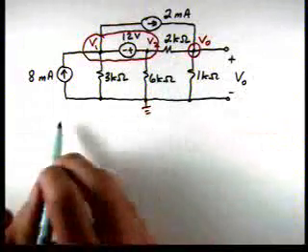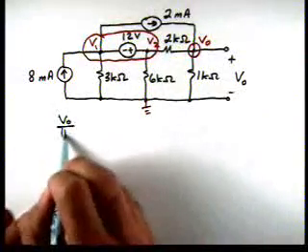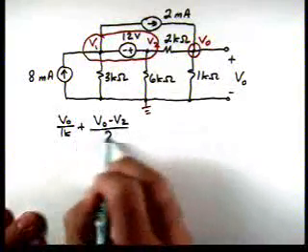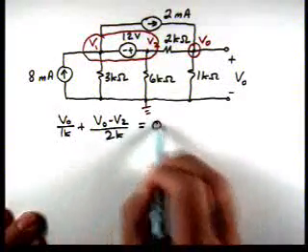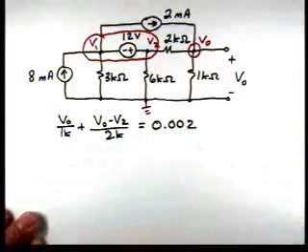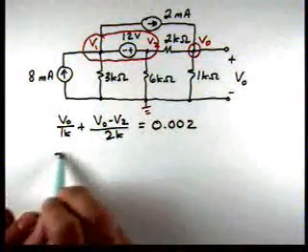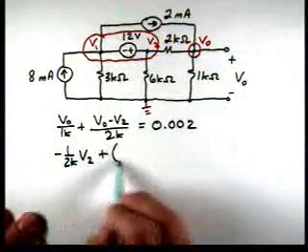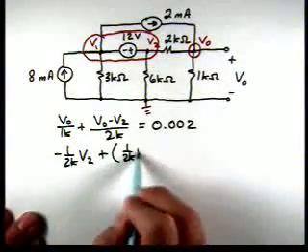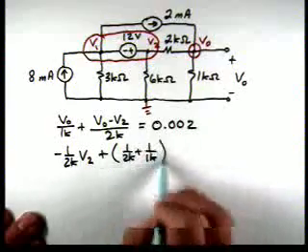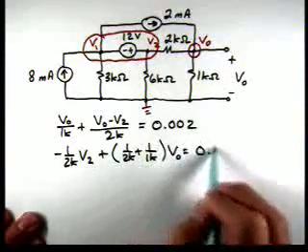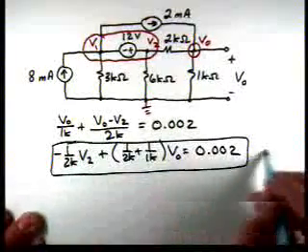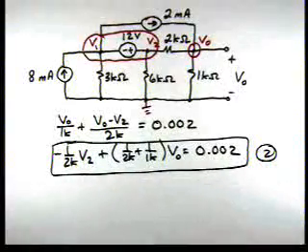We'll have V0 over 1K plus V0 minus V2 over 2K equal to 0.002. And if we collect terms, this is the equation that we'll get. So there's our second equation.